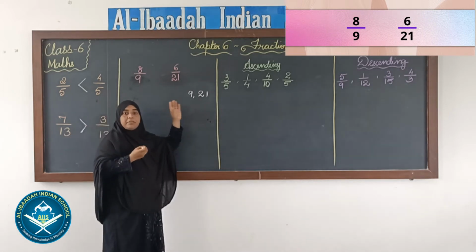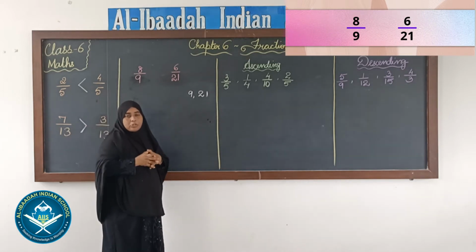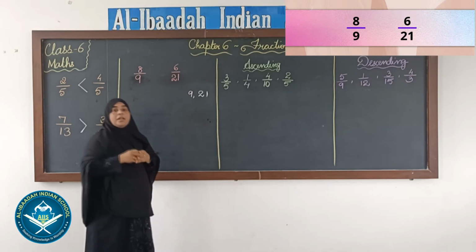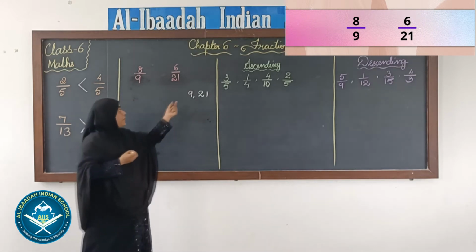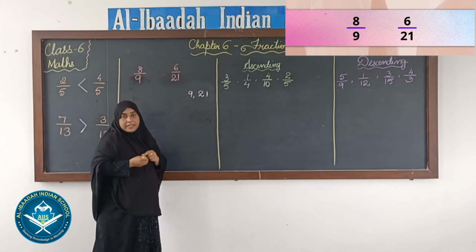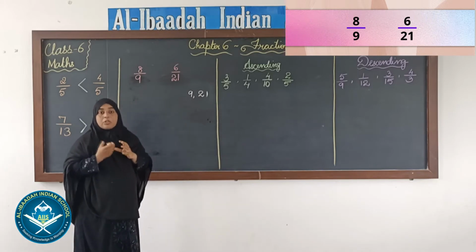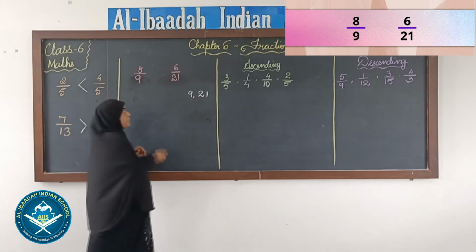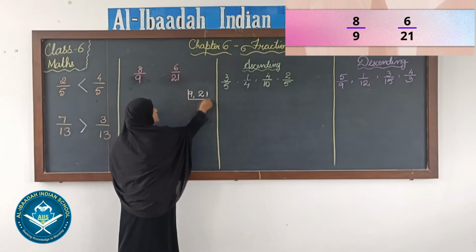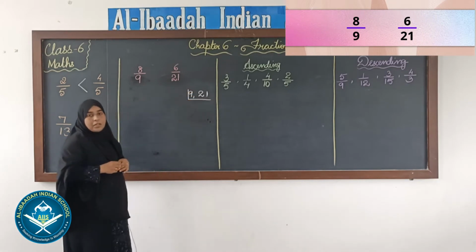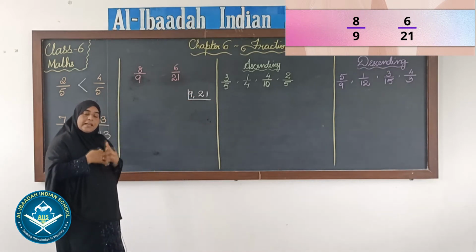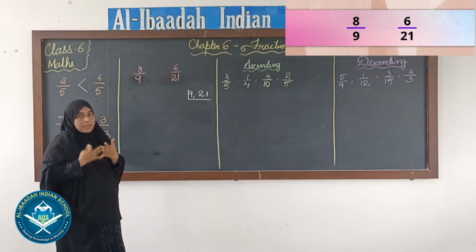Same thing we will do here also. First we will try to find if there is any number that will divide both these denominators 9 and 21, the common factor that will divide 9 as well as 21. So which number will divide 9 as well as 21?